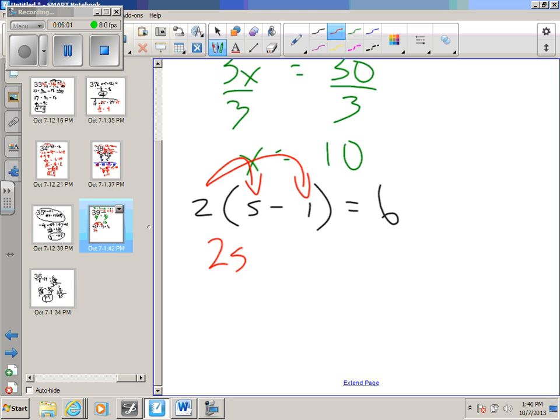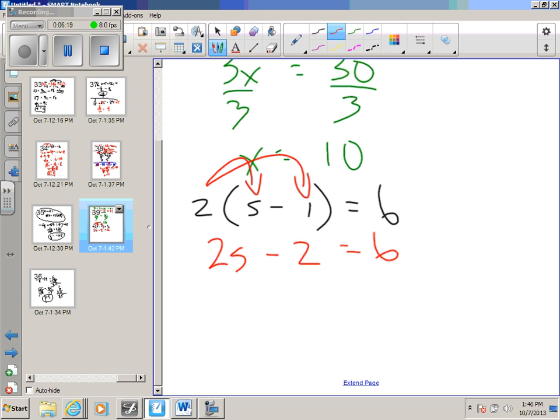Positive 2 times a negative 1. Negative 2. 2 times 1, 2. Right? Equals 6. Now we're set. Now we're ready to go.